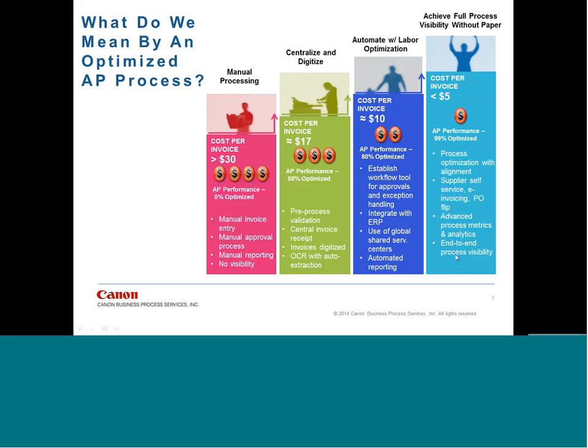They can also see when it's going to be paid and if it's been paid. They don't need to call AP any longer, send somebody an email, or ask somebody to do them a favor by dropping what they're doing and researching 3 or 4 invoices that they're waiting payment on. So that's a very key step in optimizing your AP process.